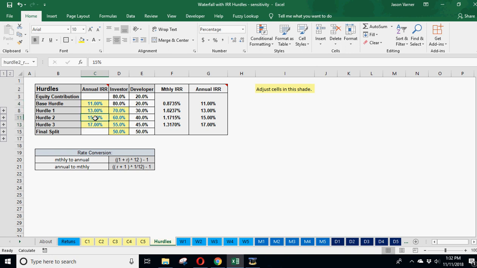I mean, a base rule is usually this first hurdle is like between 5 and 11%, probably not more than that. And notice this is IRR. This is not straight ROI. So IRR takes into account time and not just the cash return.